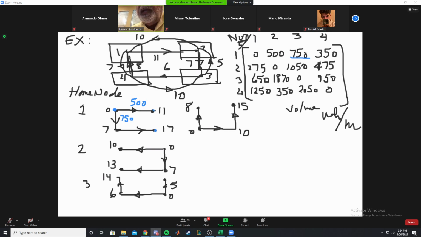Go to 4, and then 750 will be on this link, continuing to go to 3. Everybody understand that? So you have to use the street that goes from 1 to 4, all 750 trips that want to go to 3.